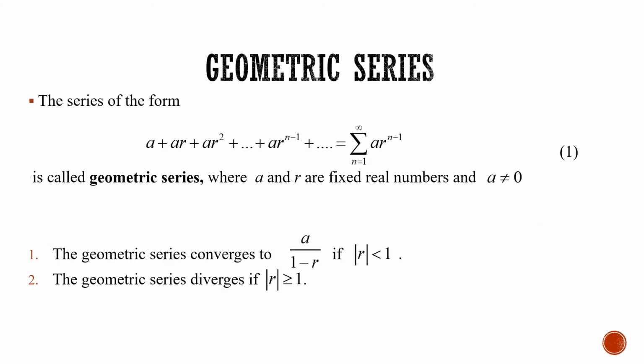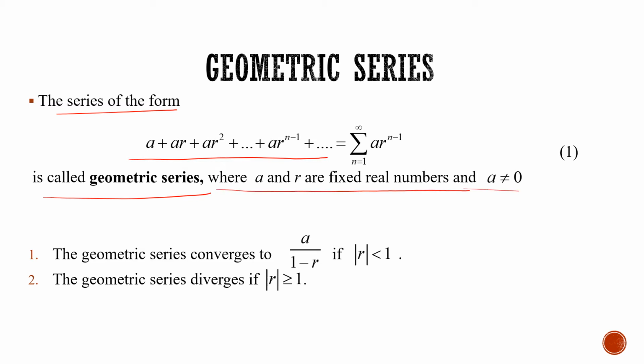The series of this form is called a geometric series, where a and r are fixed real numbers and a is not equal to 0. Clearly a is the first term and r is the common ratio.